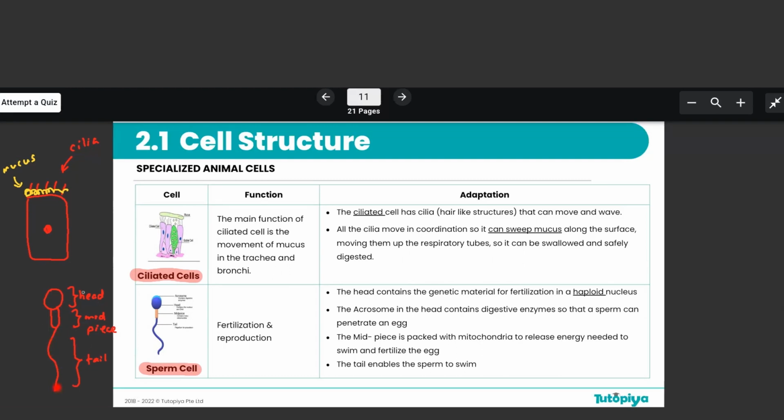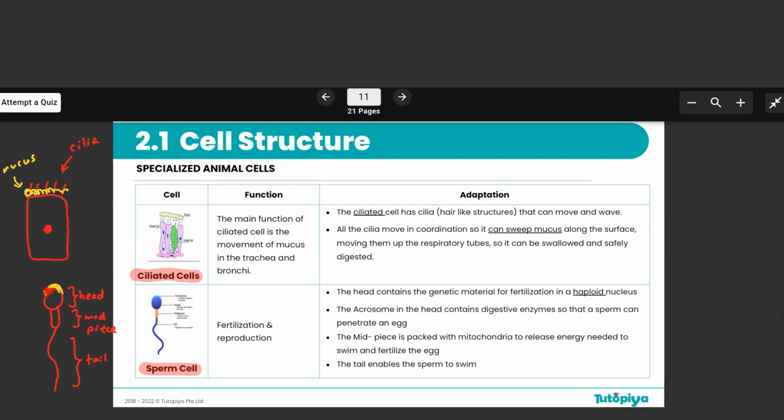Now, when we consider the head of the sperm cell, there's an important structure found in the head of this cell called the acrosome. Now, the acrosome is this structure which is found up here, and this contains digestive enzymes. You see, let's suppose this sperm happens to fertilize an egg, it needs to be able to penetrate through that egg, right?